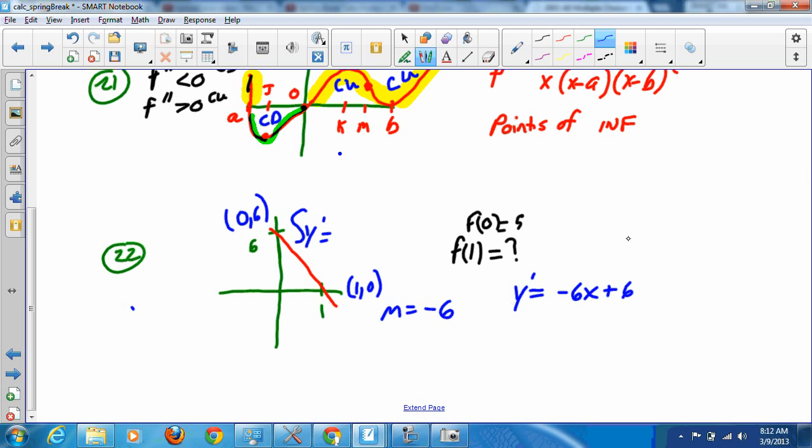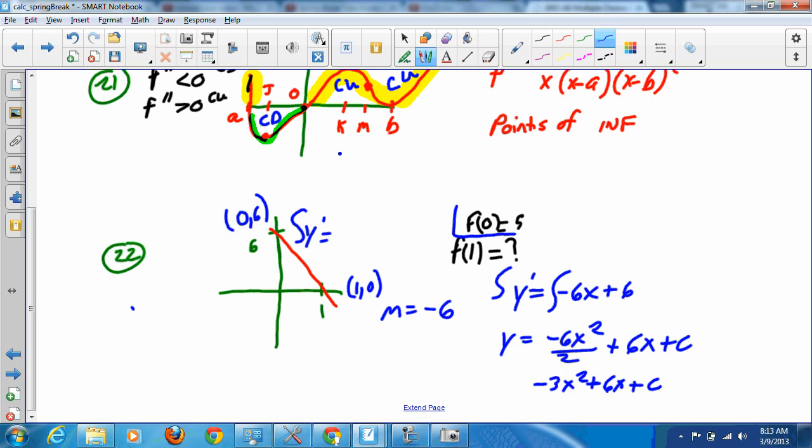So now let's take the integral of this equation, and we get the function itself is equal to what? Negative 6x squared over 2 plus 6x plus some constant. Simplifying that, we get negative 3x squared plus 6x plus the constant.